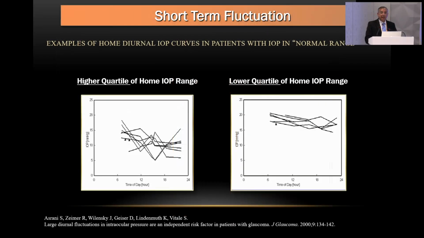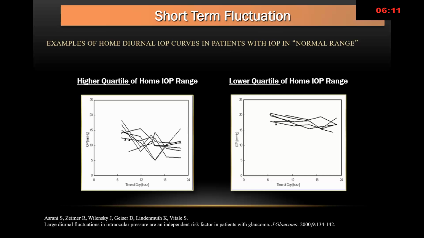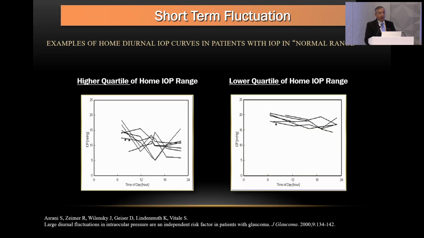We had done a study long back and published in the year 2000 in Journal of Glaucoma, where we found that the patients who had greater fluctuations of pressures as measured at home were actually progressing much faster than those that had a tighter control of their pressures over 5 days.